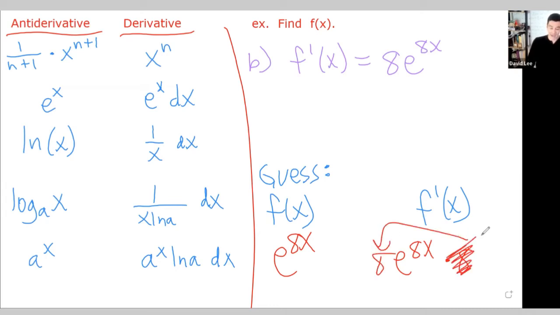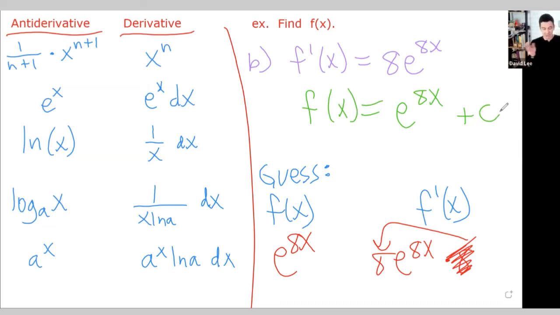And look, that matches perfectly with what we want our derivative to be, right? I wanted a derivative that says this, and that's exactly what this is. And that tells me that my guess was on point. And so we have found the antiderivative on the first guess. So it's e to the 8x plus c.